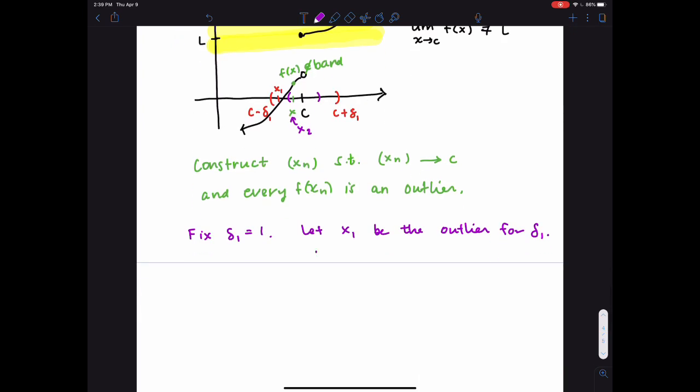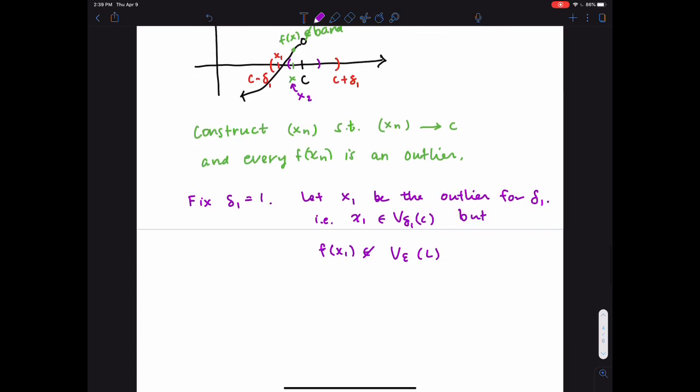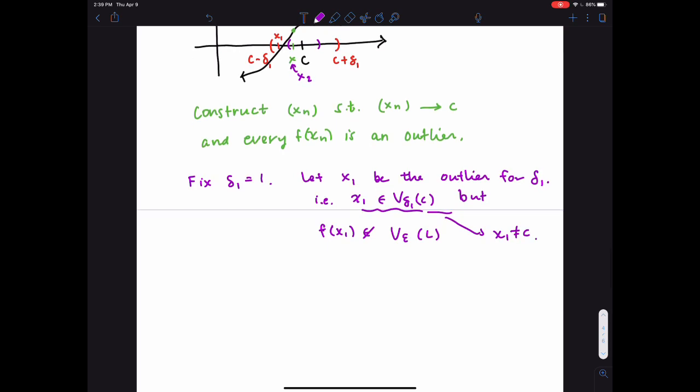In other words, x1 is the value in my delta 1 neighborhood of C, but f of x1 is not in the epsilon band of L. I also need to be careful that not only am I picking an x1 in the neighborhood, I don't want x1 to be equal to c, because remember, I'm constructing a path of approach that is not equal to c itself.